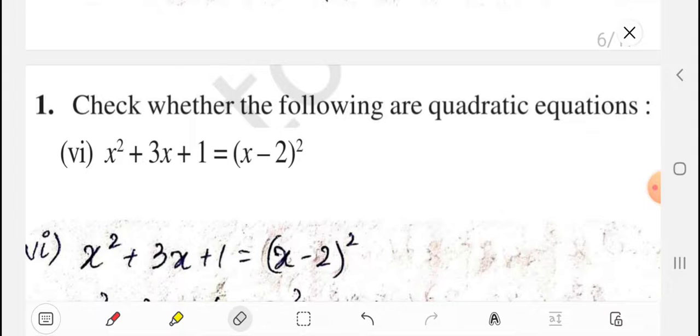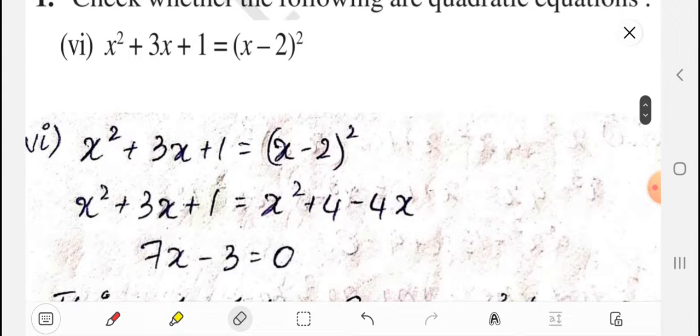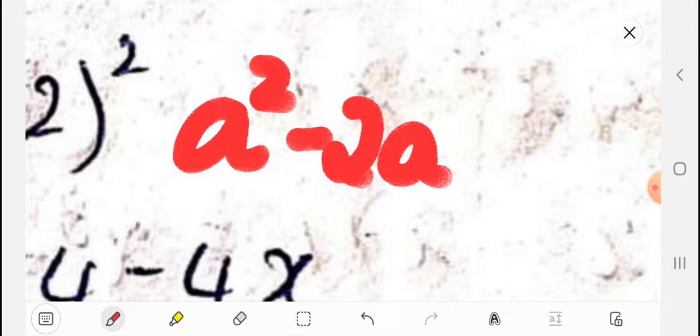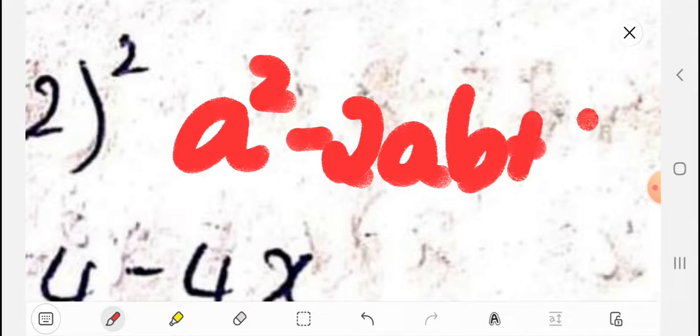LHS part, what we observe over here is already in the simplified version, whereas RHS is in a complex form. Let us simplify it using the identity: a square minus 2ab plus b square.